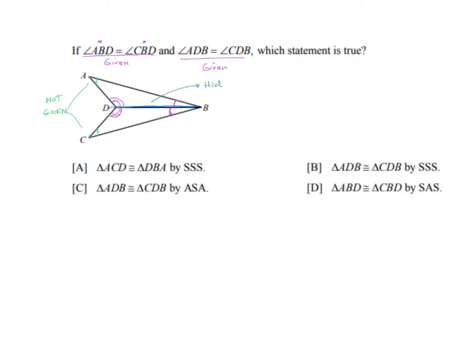If this is a side of both triangles, then by definition it has to be congruent to itself. So we'll put an arc there, and then this is my angle side angle, which I could use here.